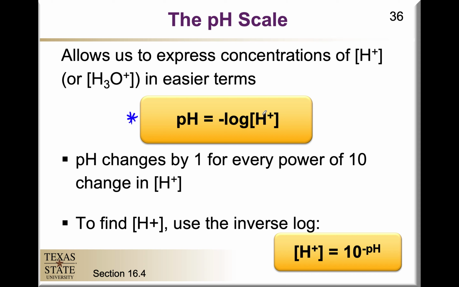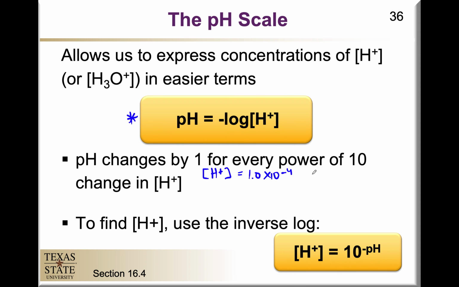Now, how does this actually help? How does it make it easier? Well, the pH scale changes by 1 for every power of 10 in the change in the hydrogen ion concentration. That doesn't sound very easy, but in fact it is. For example, let's say that we have a hydrogen ion concentration that is 1.0 times 10 to the negative 4.